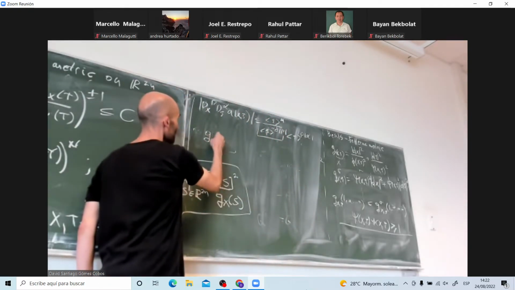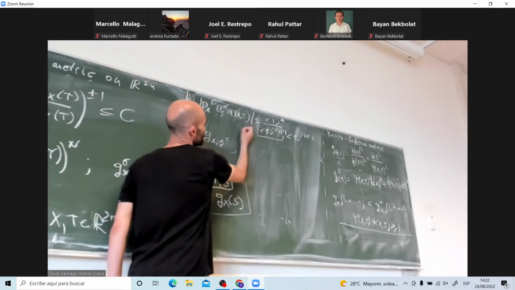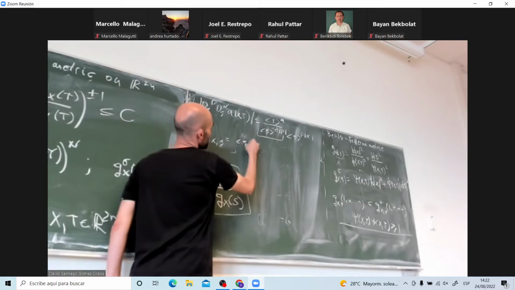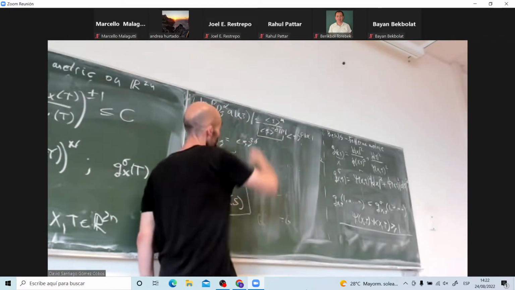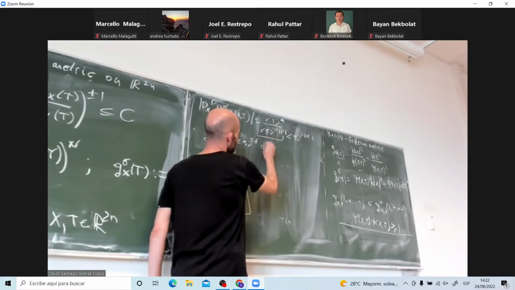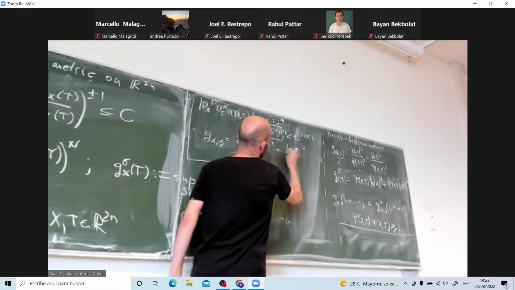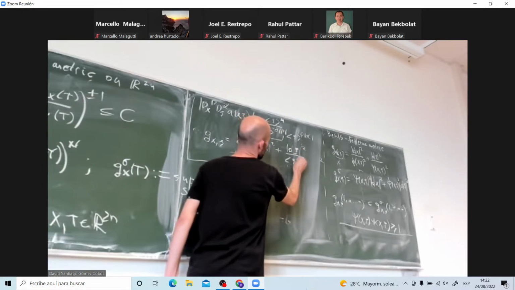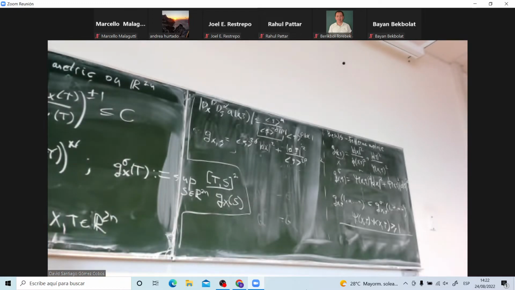So the corresponding metric, the rho delta metric, is psi to the power 2 delta, because it's minus, so it will be upstairs. Right? This is the rho delta metric.